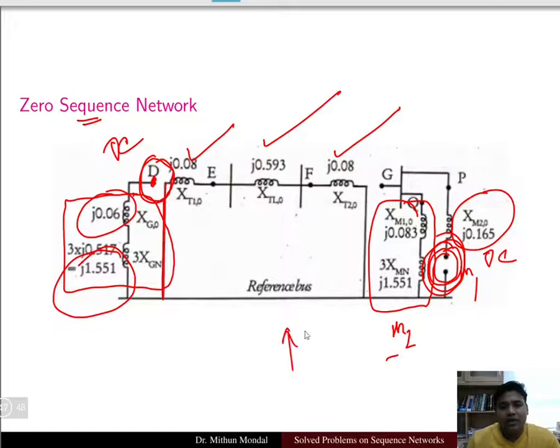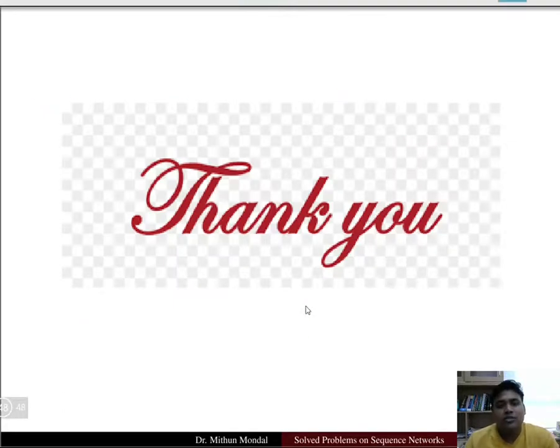So in this way we have obtained the positive sequence, negative sequence and zero sequence networks for a single line diagram power system. And we have to note that generally the positive sequence and negative sequence reactances are equal, and the zero sequence network depends upon whether the ground is involved or not.